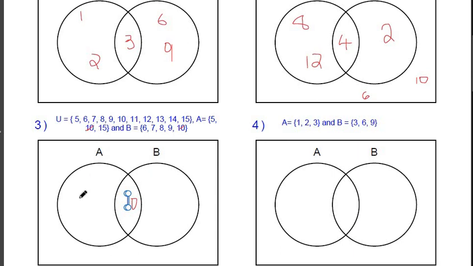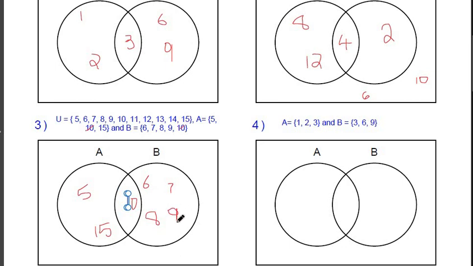Therefore, what are the elements that are left in set A only? 5 and 15. What are the elements that are left in set B only? 6, 7, 8, and 9.